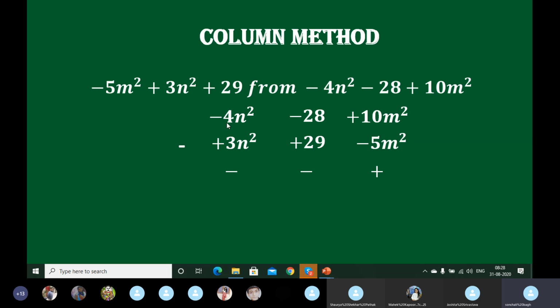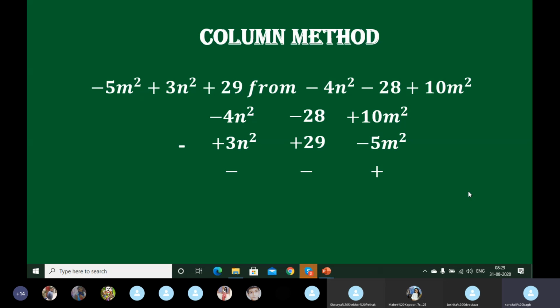That means our new terms become: 4n square, minus 3n square, then minus 28 minus 29, plus 10m square plus 5m square.